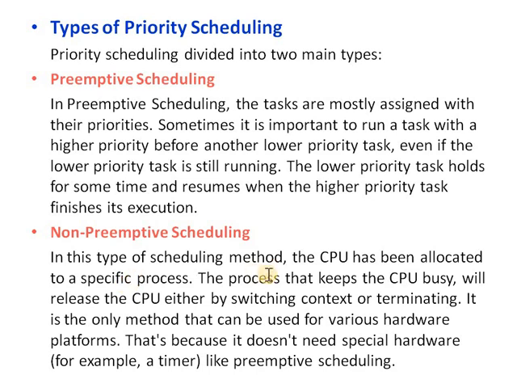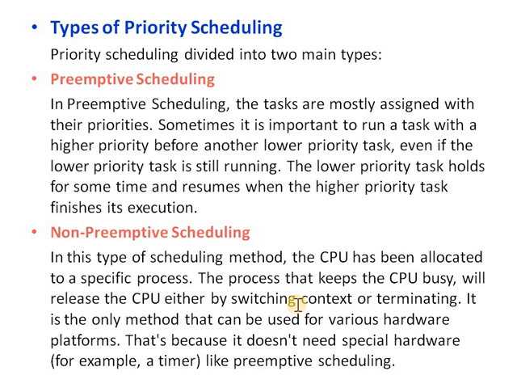The process that keeps the CPU busy will release the CPU either by switching context or by terminating. In short, in priority based scheduling, each process is assigned a priority.